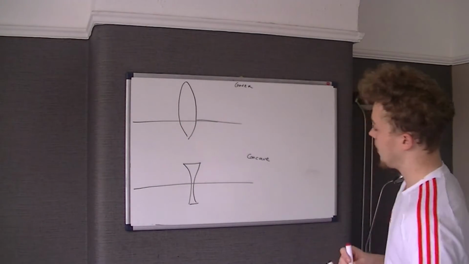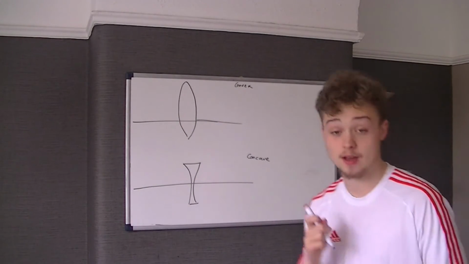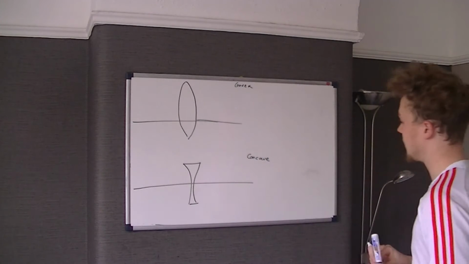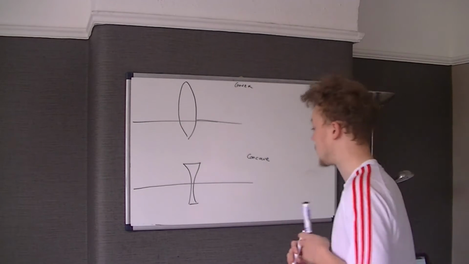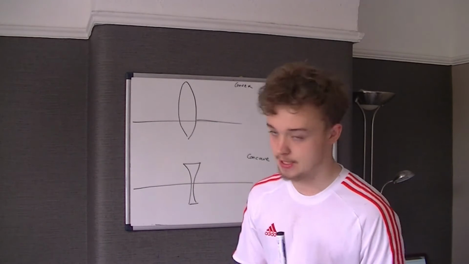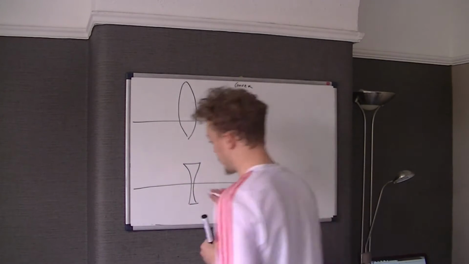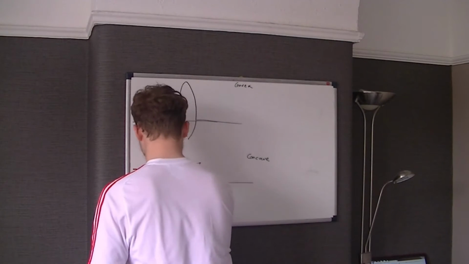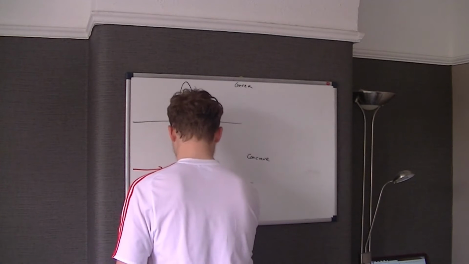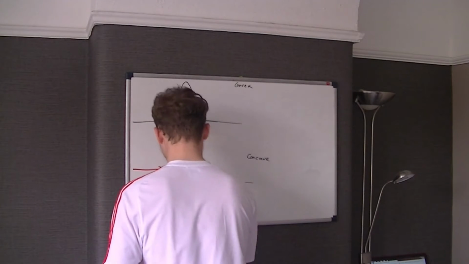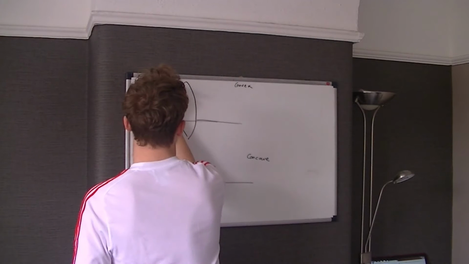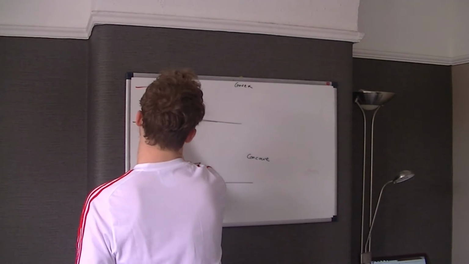You might see convex lenses also referred to as converging lenses, and concave as diverging lenses. That's related to what happens when the light rays go through. This is a very basic example of light rays going through.